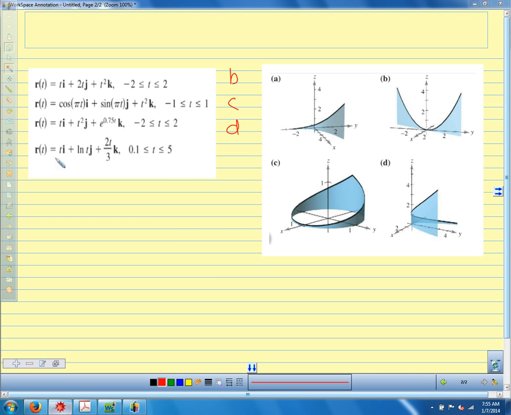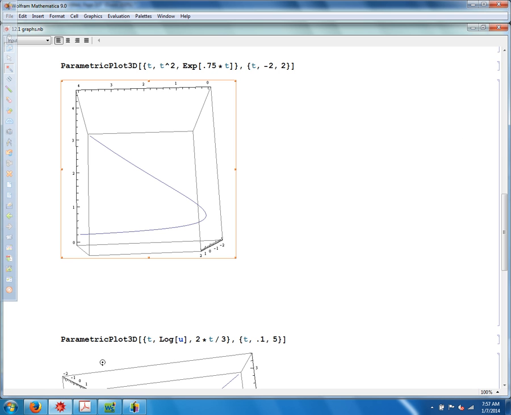So that leaves us with A for the last one. So we have a logarithmic curve in the xy plane. So there's our logarithmic curve, and then we end up with a line in the xz plane for this one. So let's take a look at that one.